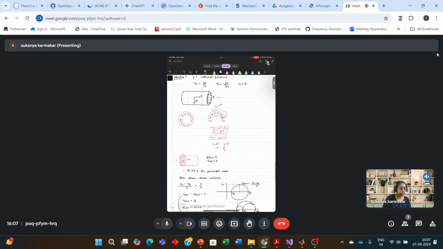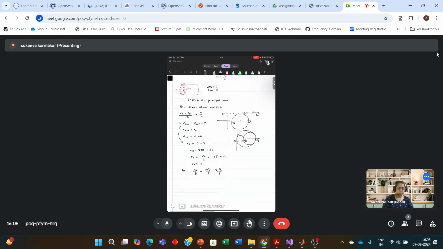For simplification, what I was explaining through this, theta, z, r. Let's draw r like this. This is your r axis.